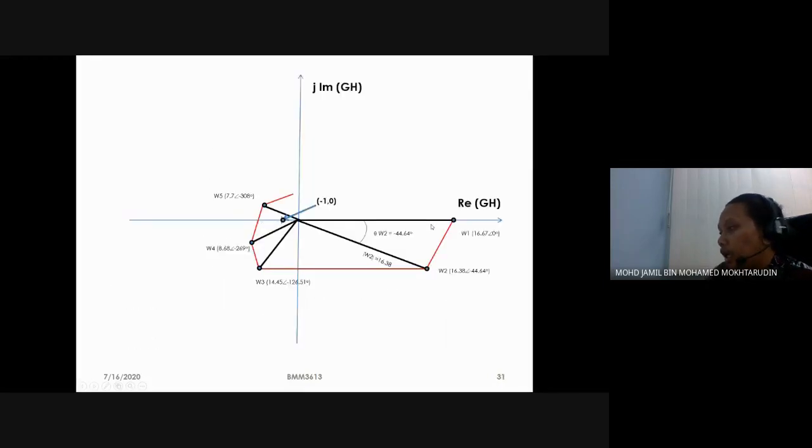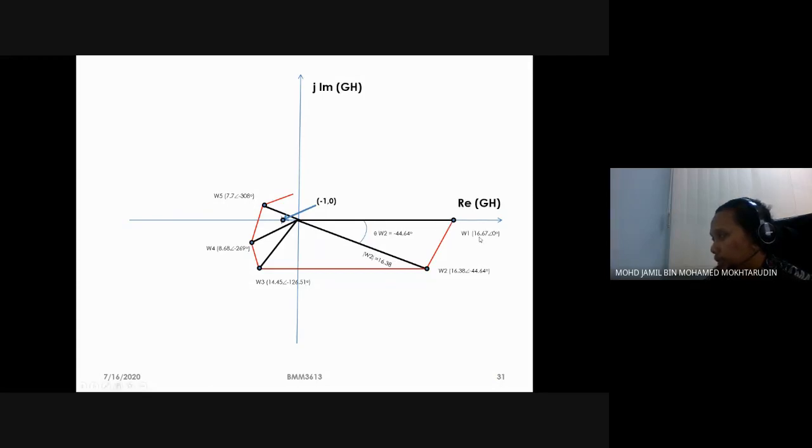So it's good practice to plot the Nyquist plot roughly to scale.